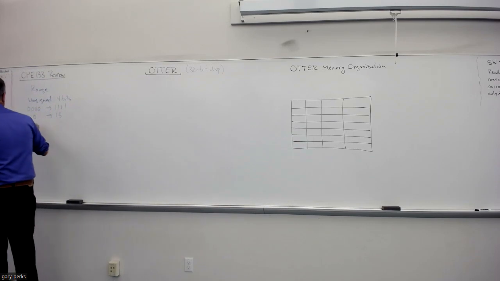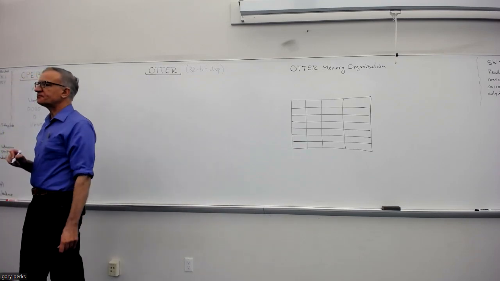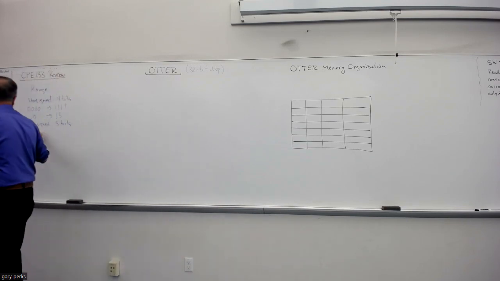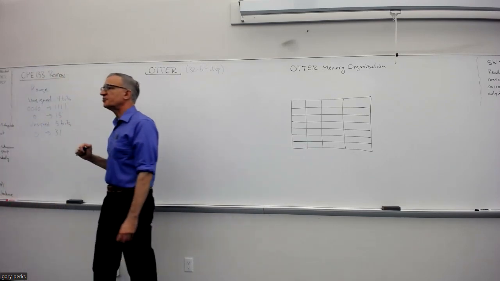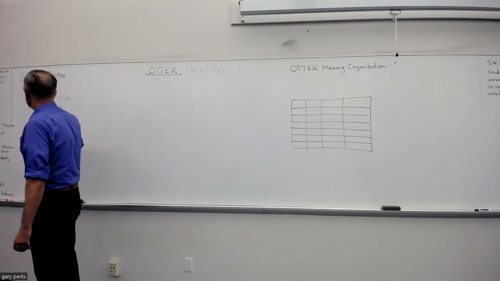And let's say I had unsigned 5 bits. What would the range be? 0 to what? 31. Everybody see that? Because if I have 5 ones, it would add up to 31. So how could I write this in a general sense?